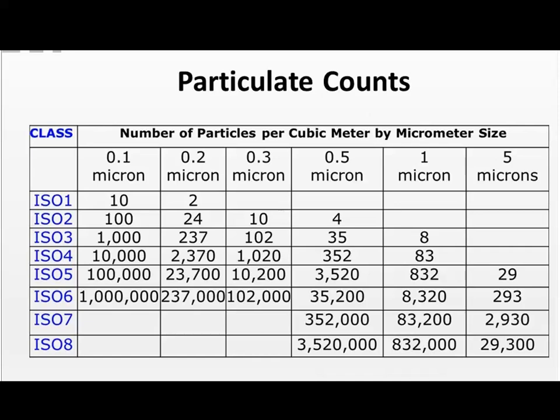And then you see here where you get into your regulations with your 0.5, 3,520 for Class 100, and then all the way up to 3,520 for your ISO 8 or your Class 100,000 manufacturing area. But again, 0.5 microns is what your class is based on, whether it is an ISO 5, 6, 7, or 8, or a Class A, B, C, or D.